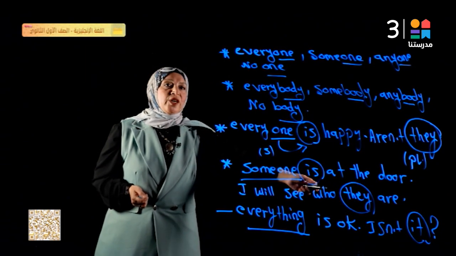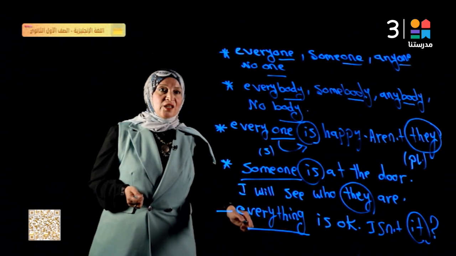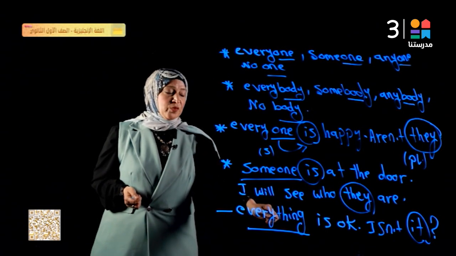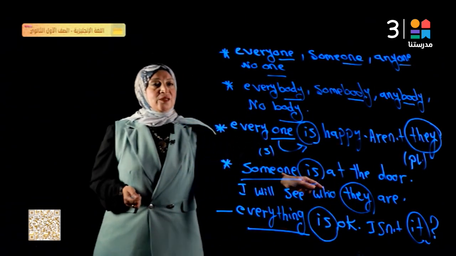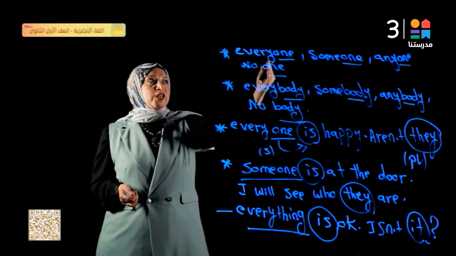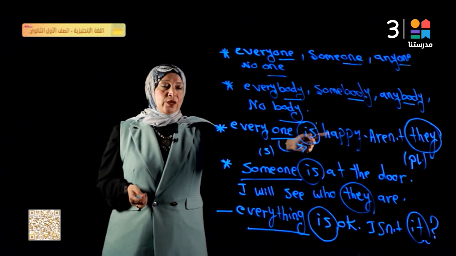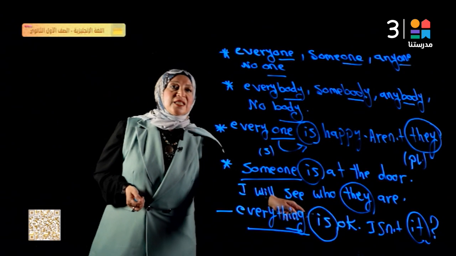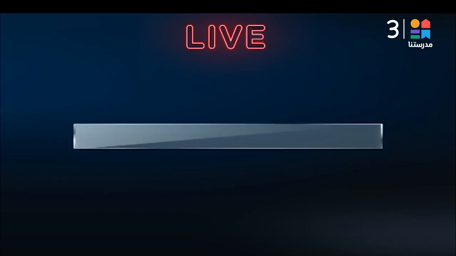We don't use the pronoun they, because everything, something, anything, nothing, these words which refer to something, take a singular verb and a singular pronoun. So differentiate between these. Any word that ends with one or body takes a singular verb and a plural pronoun, but any word that ends with thing takes a singular verb and a singular pronoun.